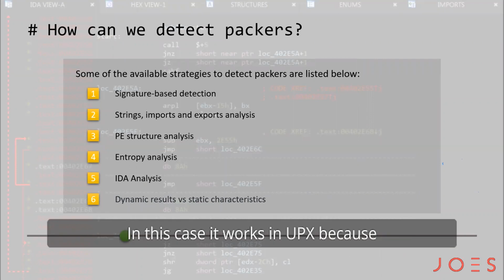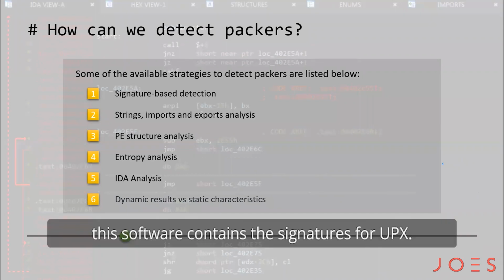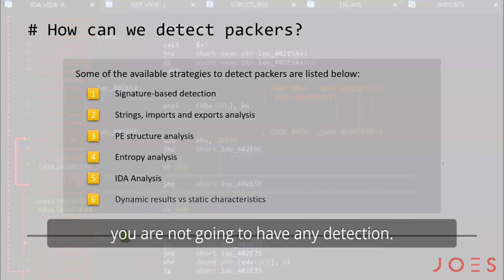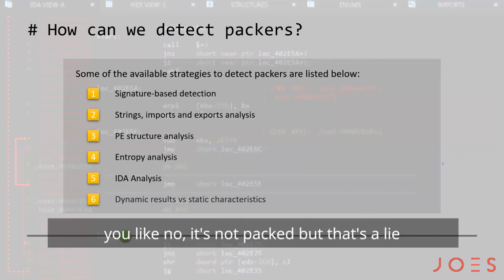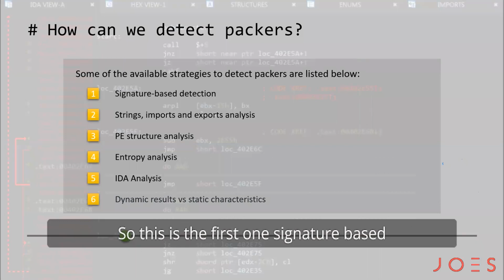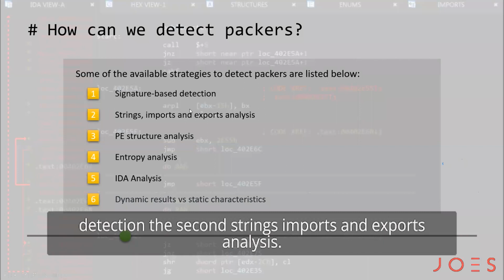In this case, it works for UPX because the software contains the signatures for UPX. If the packer the malware is using doesn't have any signature in the software, you are not going to have any detection. The software is going to tell you no, it is not packed. But that's a lie. That's why you have several different methods. So this is the first one, signature-based detection.